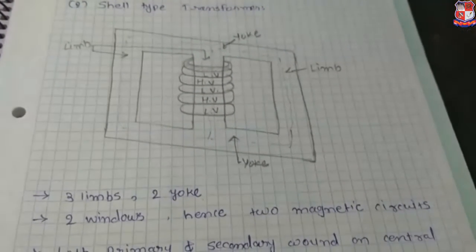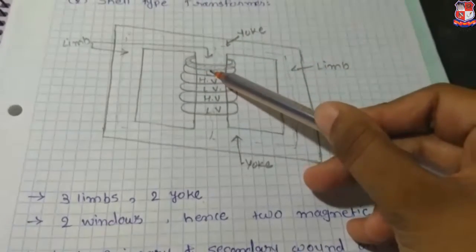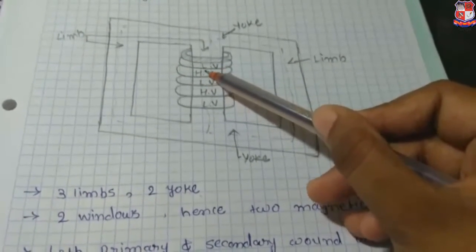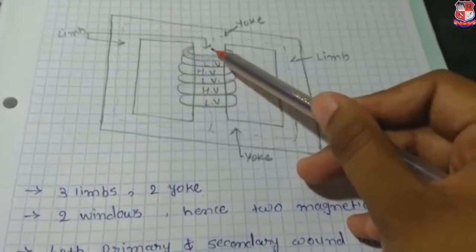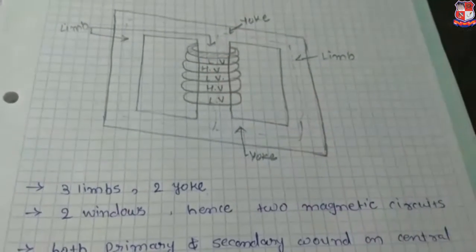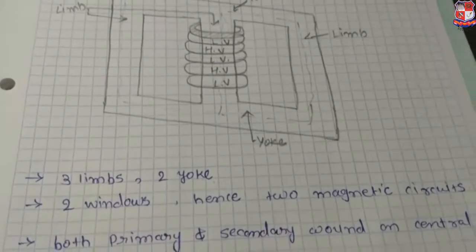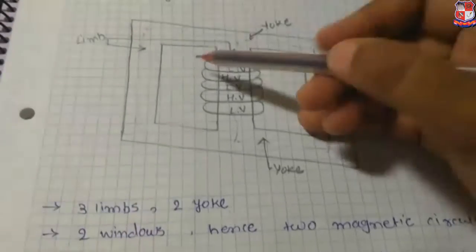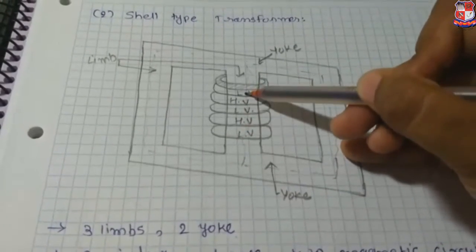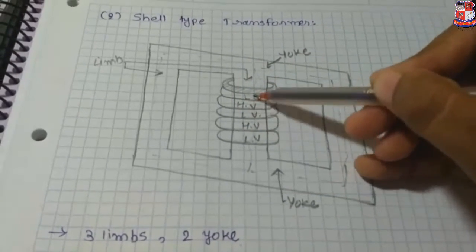Here also the winding wound nearer to the core will be the LV winding, as it is easier to insulate and will require less insulation. So the winding nearer to the core will be the LV winding, and the HV winding is wound between two LV windings.